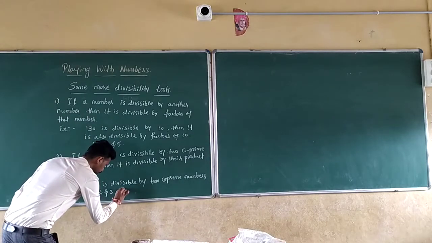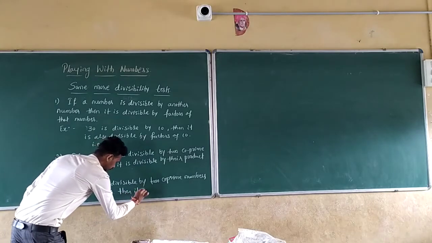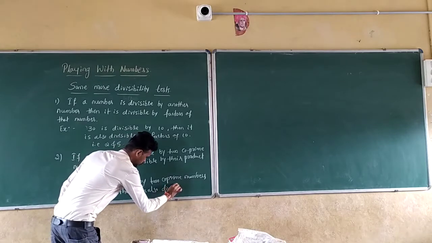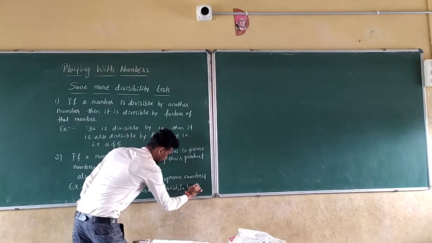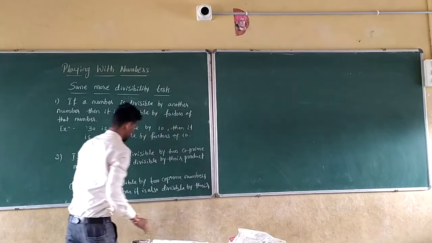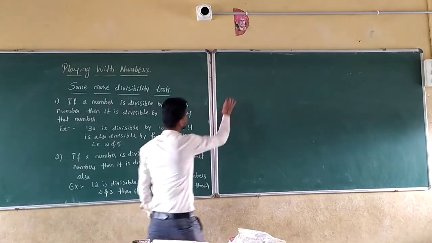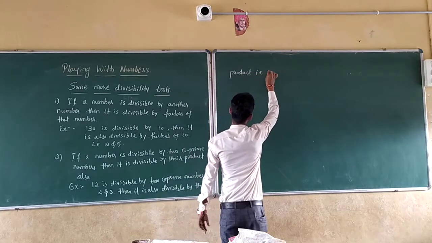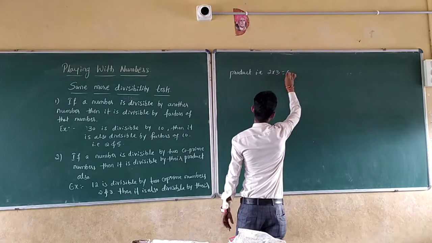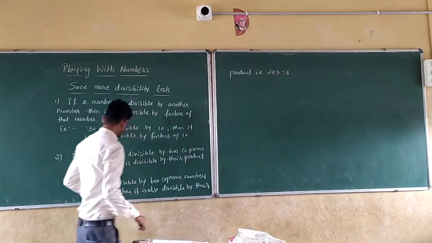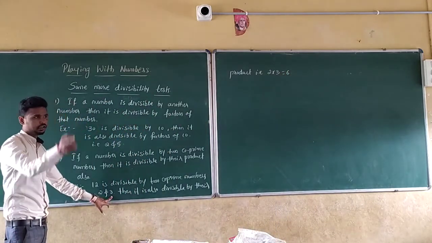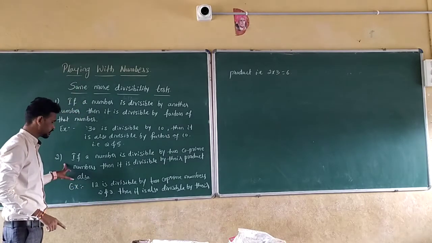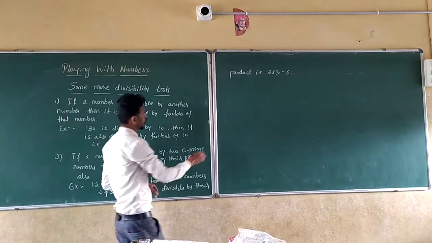Then it is also divisible by their product, that is 2 into 3, 6. If 12 is divisible by 2 and 3, then 12 is also divisible by their product, means 6. So this is about the second property. And next, third one.